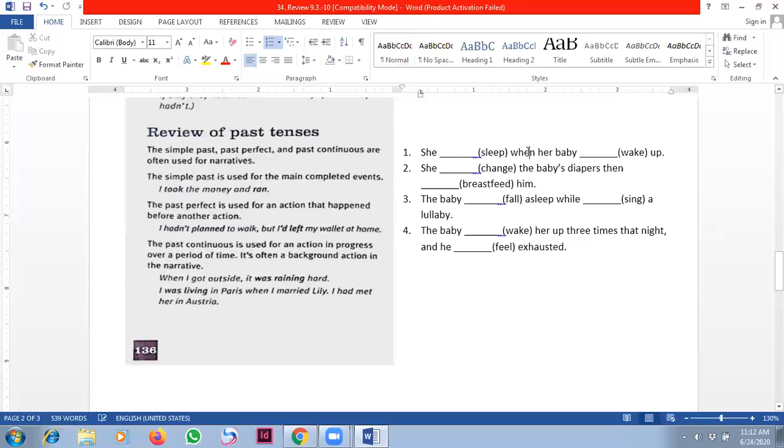Let's take a look at the exercises. Number 1: She sleep when her baby wake up. And it is in the past. Which one is long, sleep or wake up? Sleep is long. So she was sleeping. This is a long action.